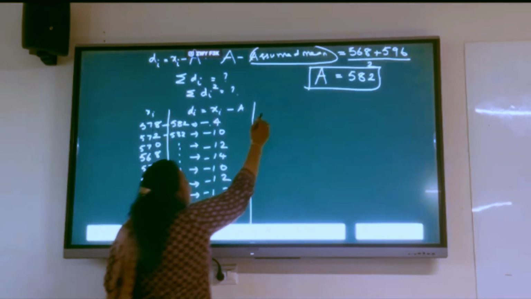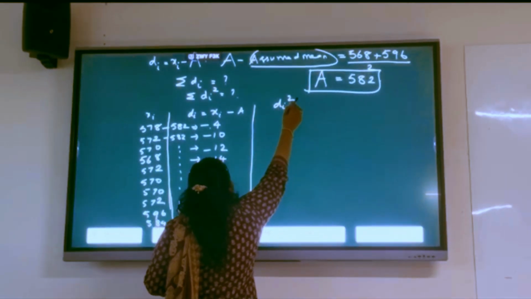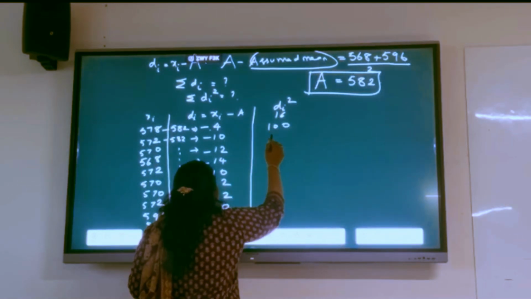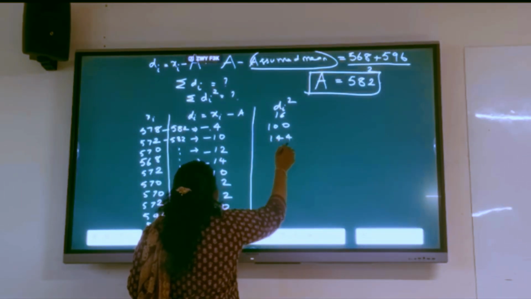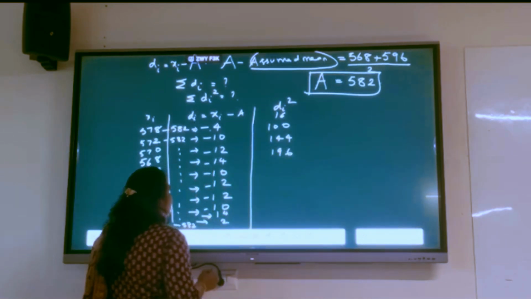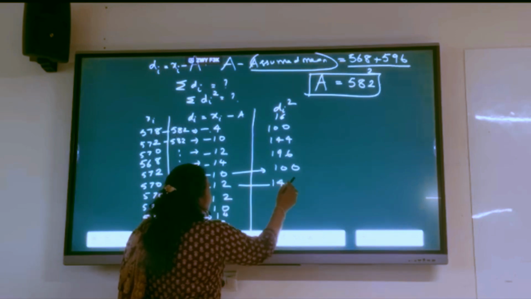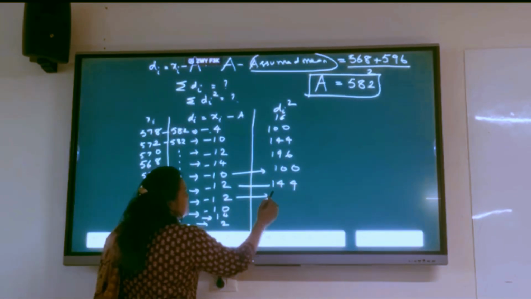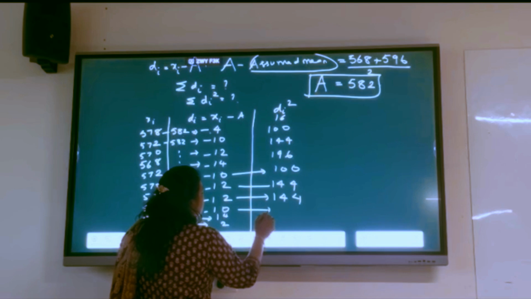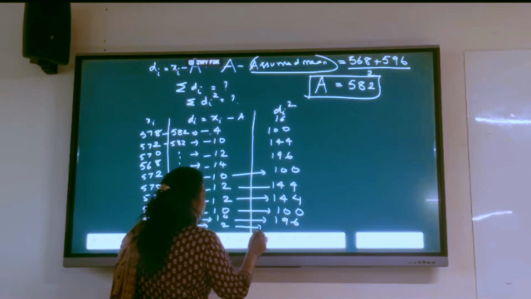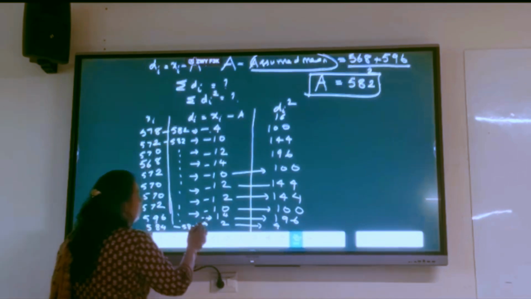Now you calculate di square. So square the term: 100, 144, 196, this term will be 100, this term will be 144, 12 square is 144, then 100, 196 and 4.